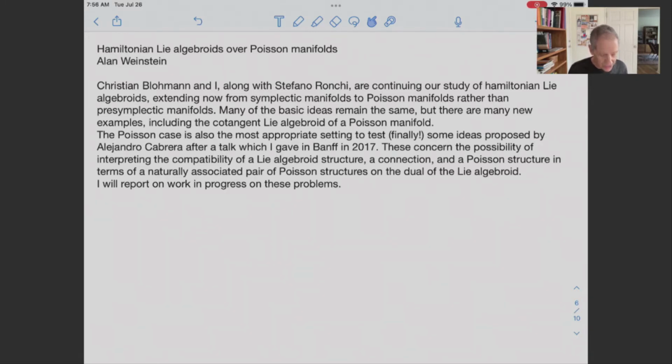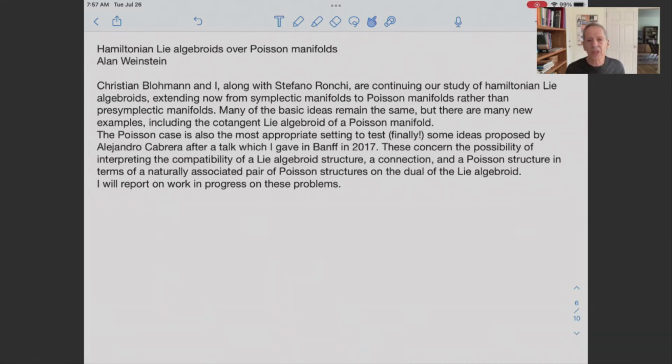So anyway, Stefano's assignment, so to speak, from Christian, I guess, either that or his initiative, I'm not sure, was to extend what we did to Poisson manifolds. And some new things come up that are quite interesting.